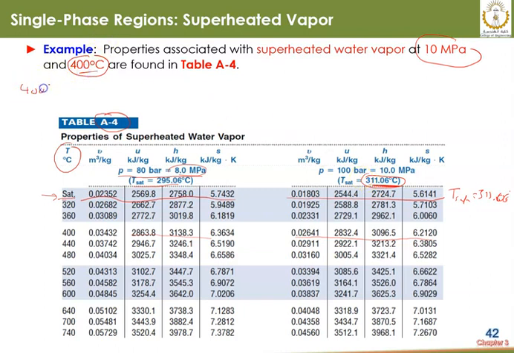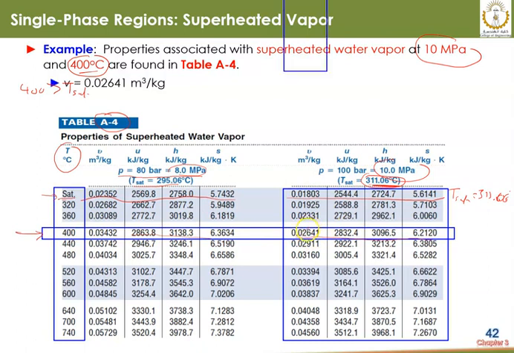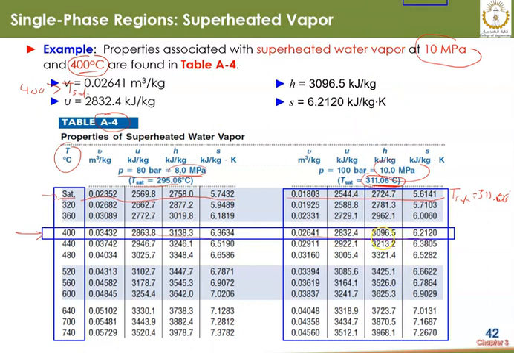So 400 is greater than T sat of 10 megapascal. Therefore, this is superheated. Then we go to the superheated table. We look at the 10 megapascal table. We look at 400 degrees Celsius, and here we will have the specific volume, the internal energy, the enthalpy, and the entropy.